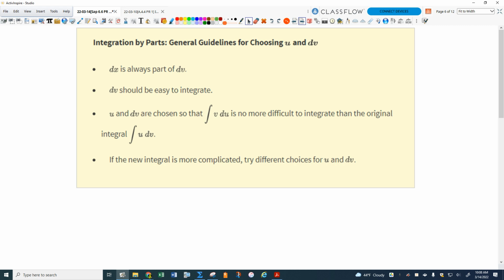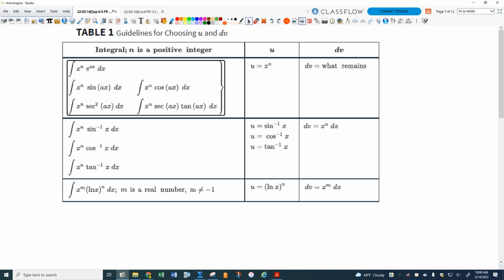Okay? So some general guidelines. If you've got exponential functions or trig functions, any kind of trig function, could be sine, could be secant squared, anything like that.